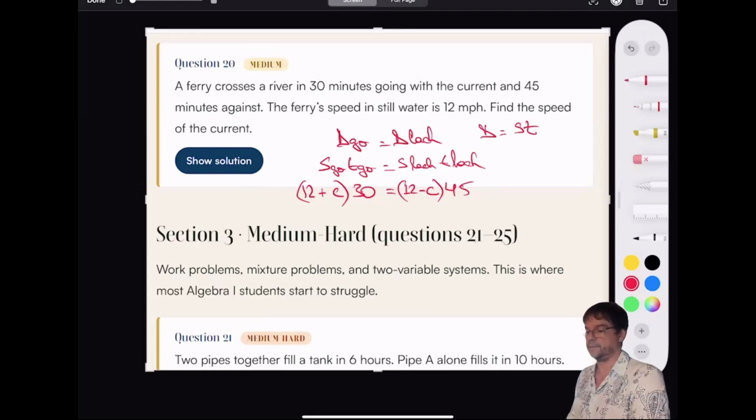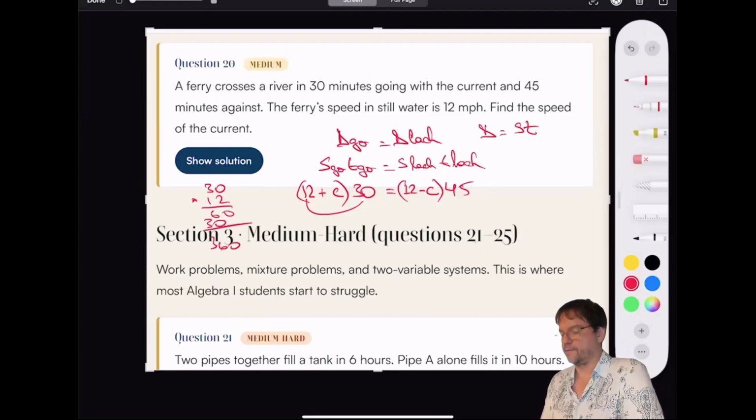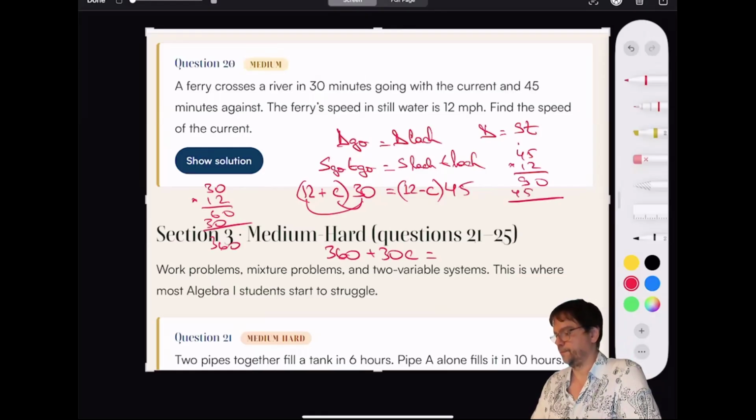Do you agree? Yeah. I distribute 30 times 12. 360. Is that okay? Yeah. 360 plus 30C is equal to 45 times 12. 540.